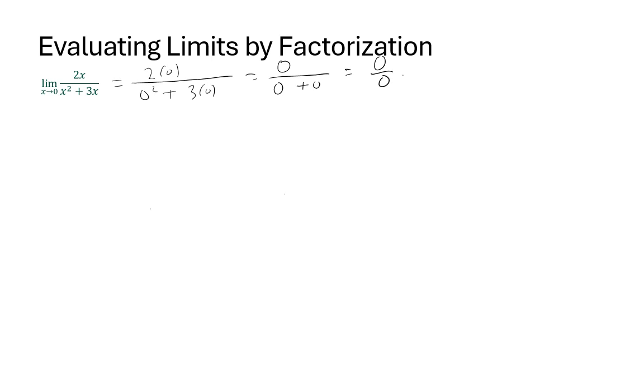If we have this kind of problem, then we use a factorization method in order to find the actual limit. How do we use factorization? Let me take this: the limit as x tends to 0 of 2x over x squared plus 3x. Then we look for something that is common in the denominator, which has 2 terms.